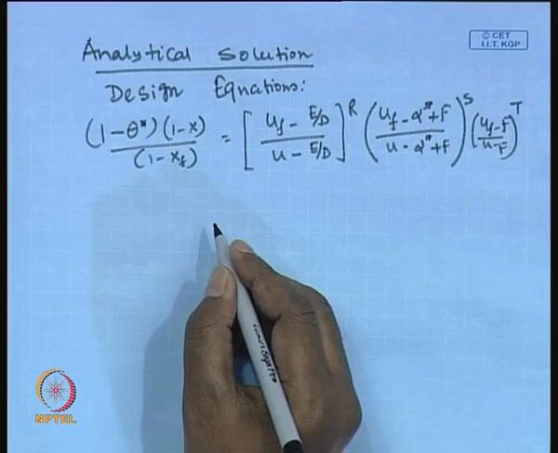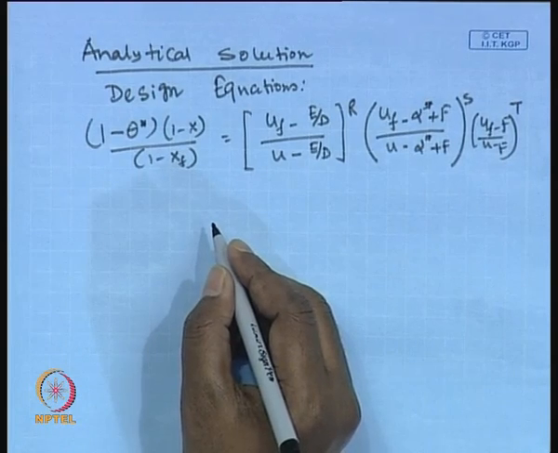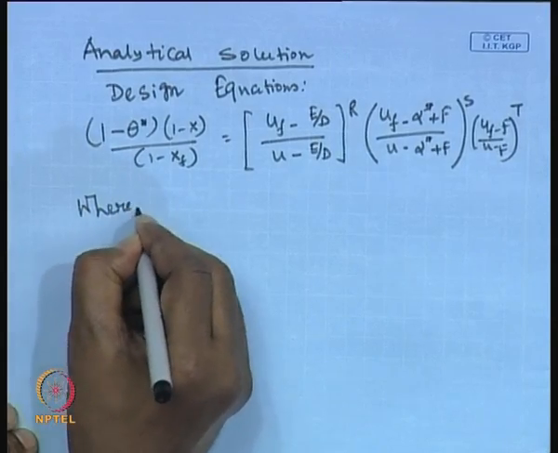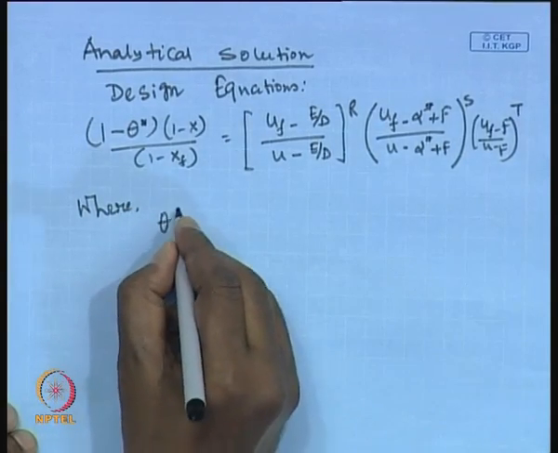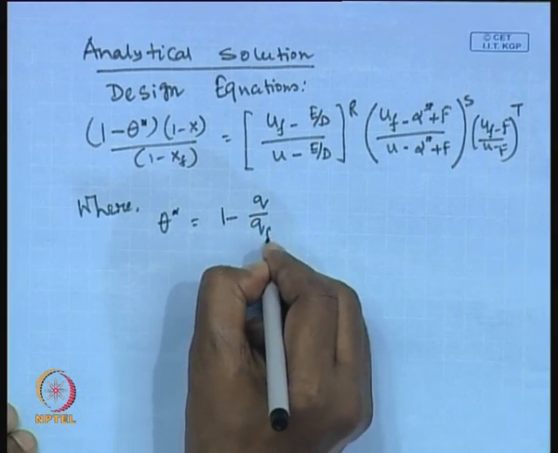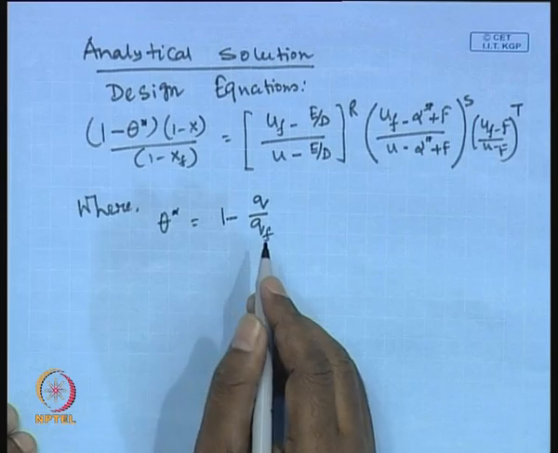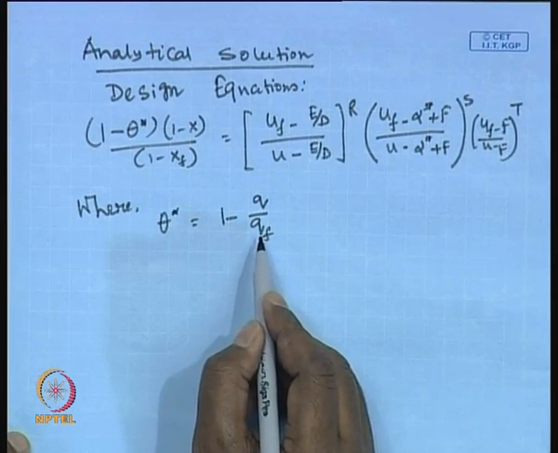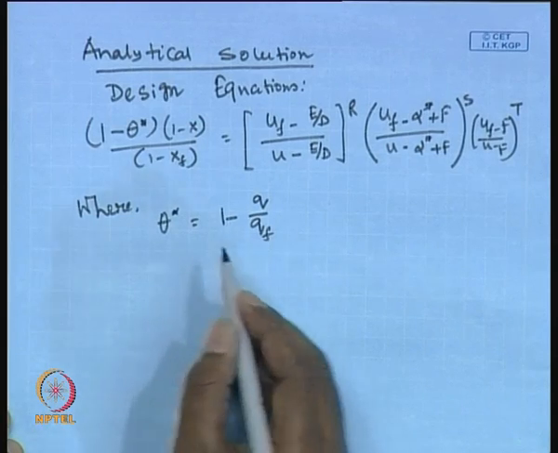This is a huge expression, and all these symbols have different meanings. Let us write down what they mean. Theta star is 1 minus q by q_f. Okay. So, q is the feed that is going into the permeate, and q_f is the feed that is getting into the system in the reject stream.